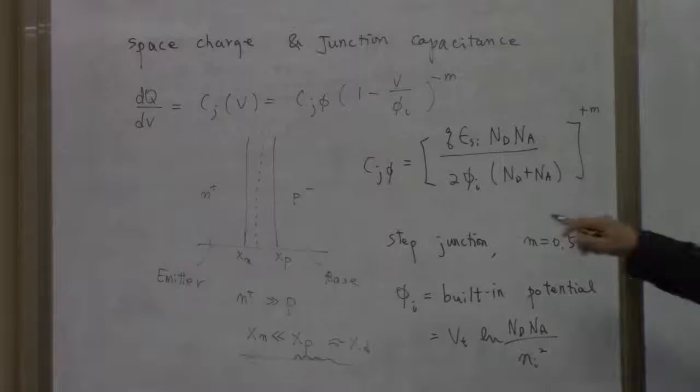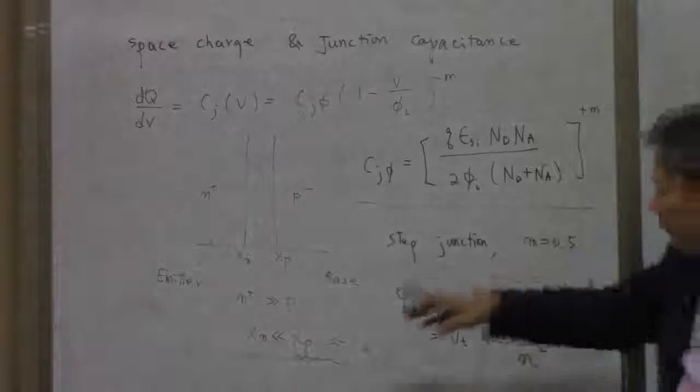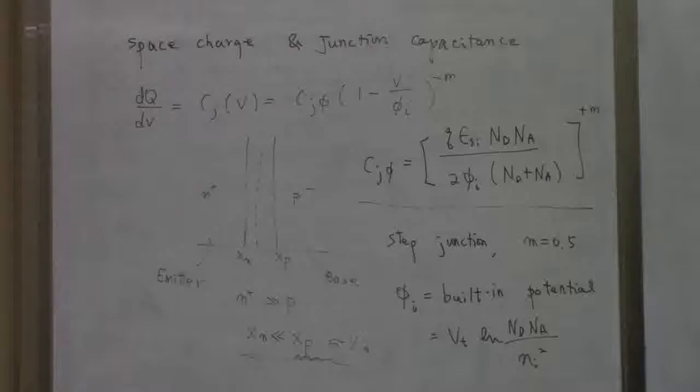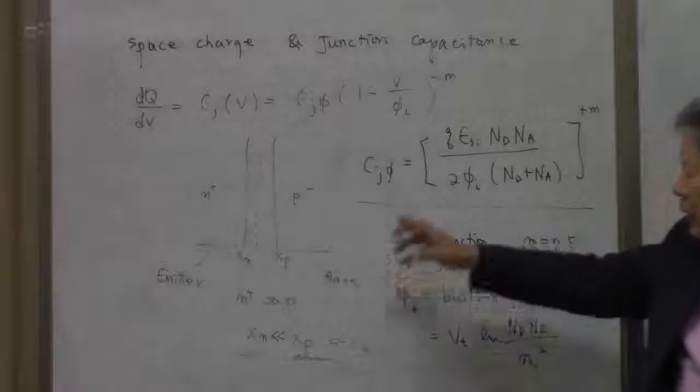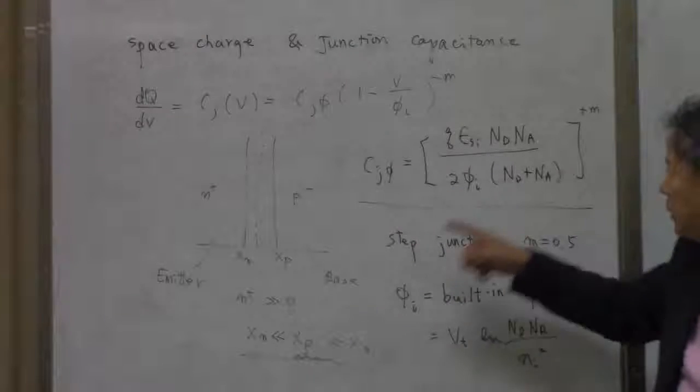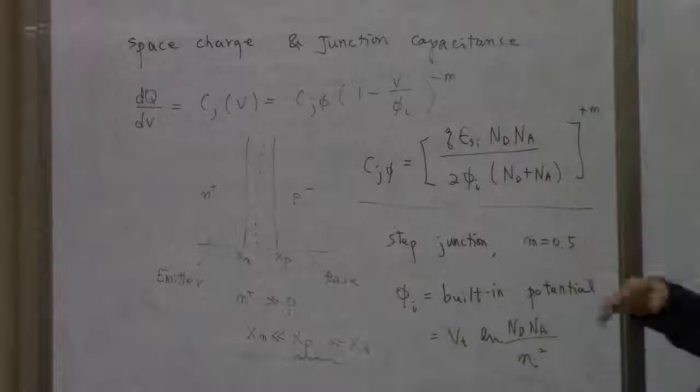Now, of course, if we have a heavily doped N plus and lightly doped base, this thing can be simplified.